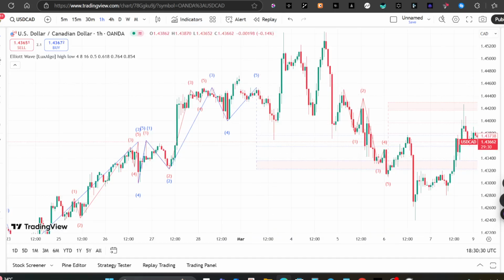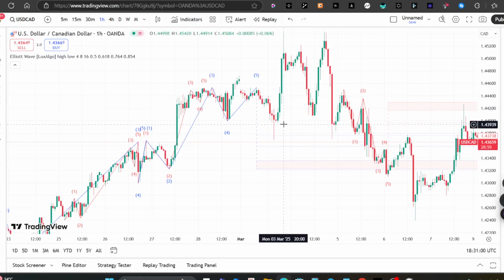Secondly, weak price momentum. If the market shows a significant lack of strength in wave 5, meaning price action is slow and hesitant rather than explosive, it could indicate truncation. This weaker momentum may signal that the market is running out of fuel for the current trend. Now, the third scenario is reversal at the end of wave 5.